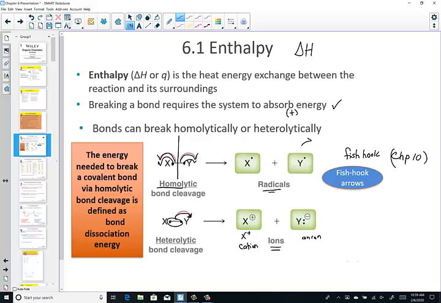These radicals that form from a homolytic bond cleavage are not charged. They carry no positive or negative. Radicals have an odd number of electrons, but they are not charged species. So more about that in Chapter 10 on radicals and their mechanisms. But right now we're understanding that in terms of what drives a chemical change, breaking bonds requires energy.